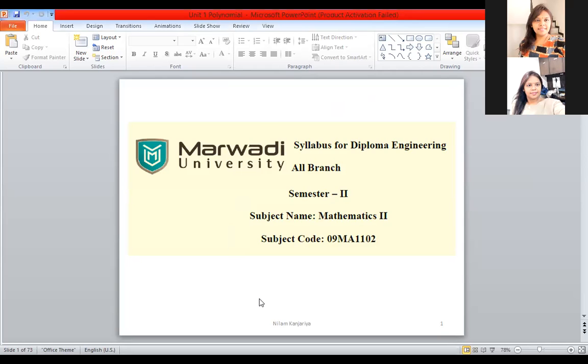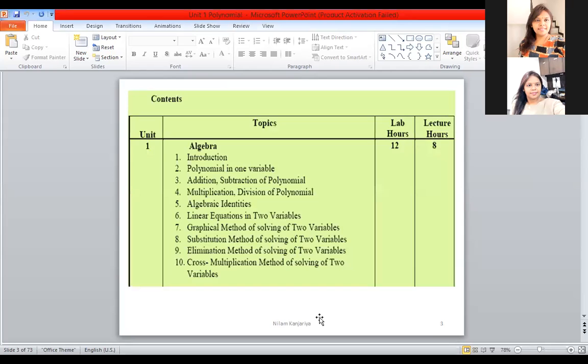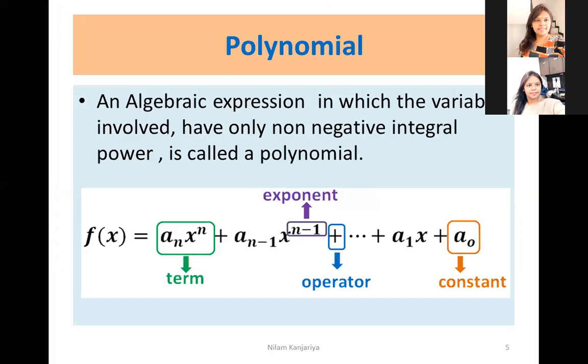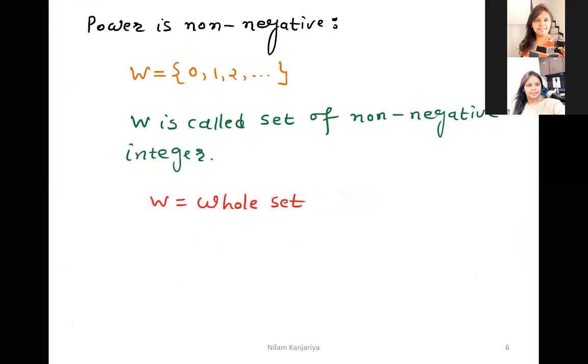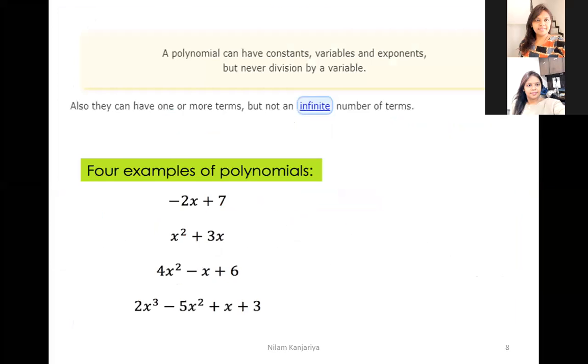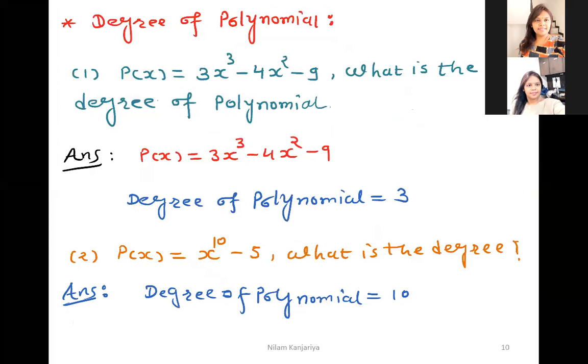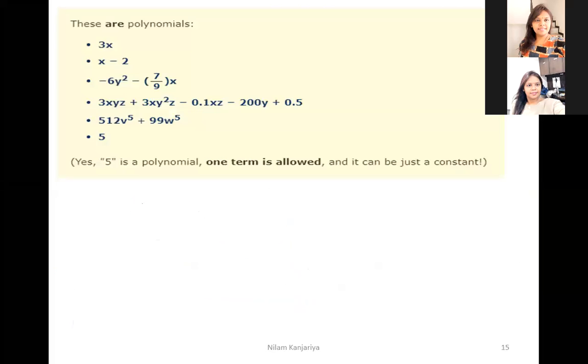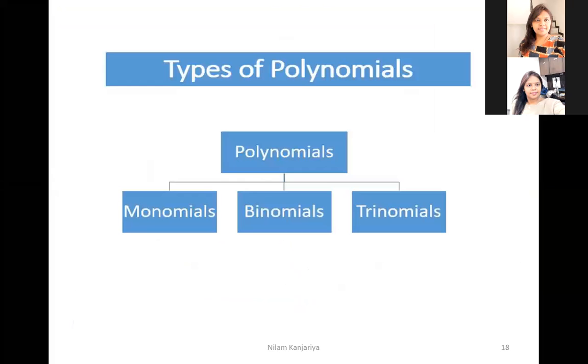So today we will start. This material is provided on your Google Classroom, so take a note and write it down in your notebooks, with the definitions and all the examples.